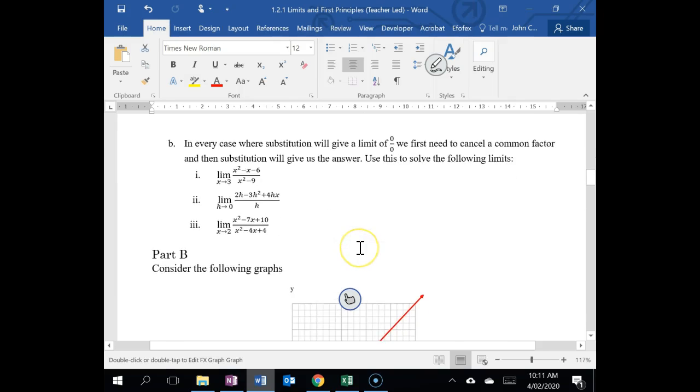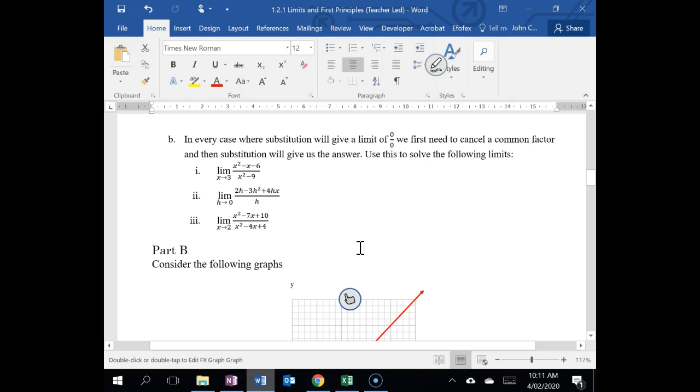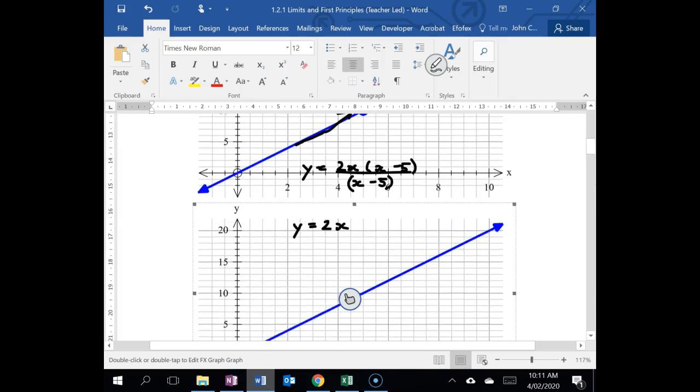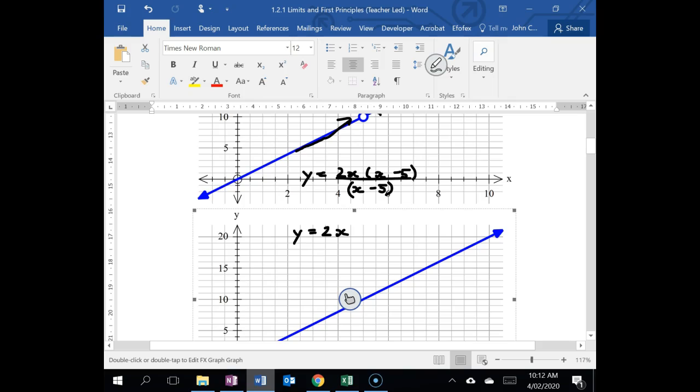So the arrows, if I come along here, along this graph, the y-coordinates of the points along this graph as we're going towards 5 will actually be exactly the same as they were on the previous function. So we're approaching the same limit. We're approaching the same value, which actually means that we can use this idea to solve.